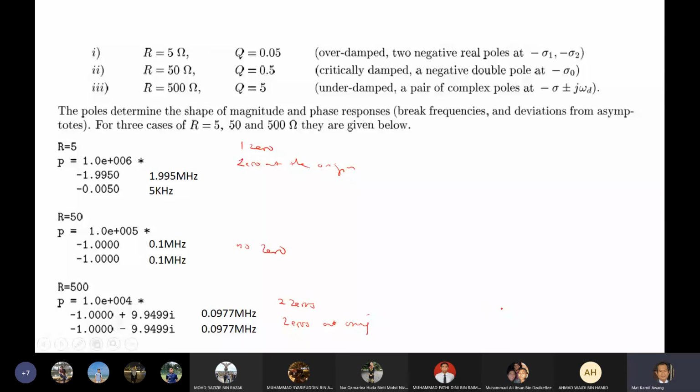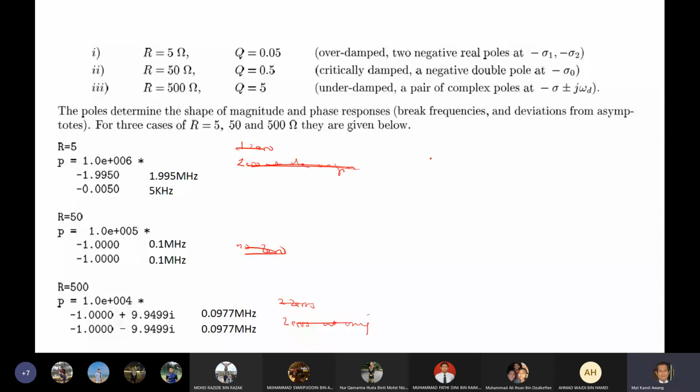Wait. This is actually with regard to that. No, this is, no. This is actually correct.